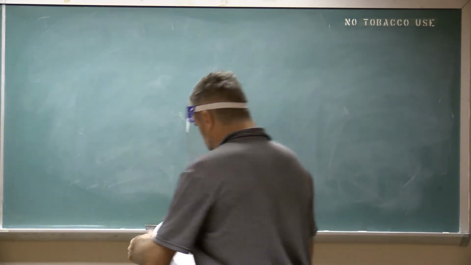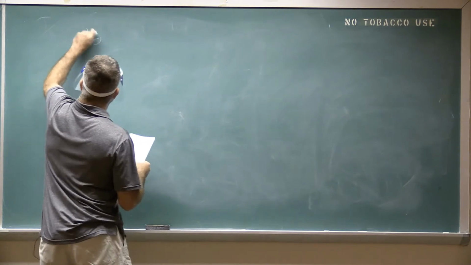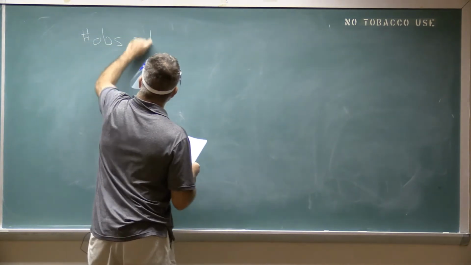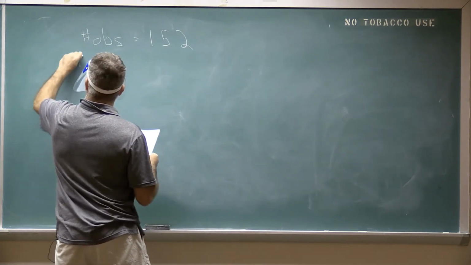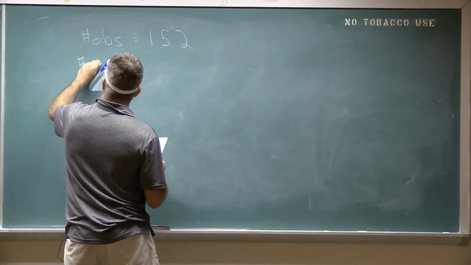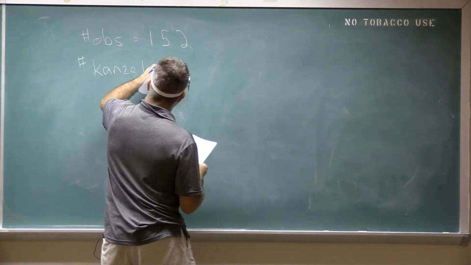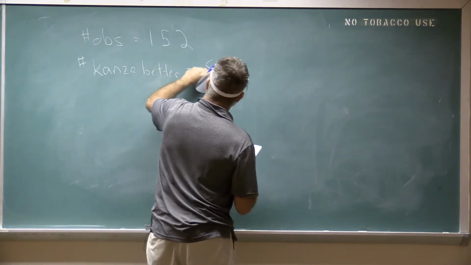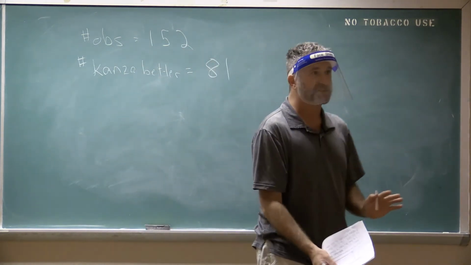And so our total number of observations is still the same, 152. The number of times Kanza is better is going to equal, well, first we had 81 people who definitely said they like the Kanza better.